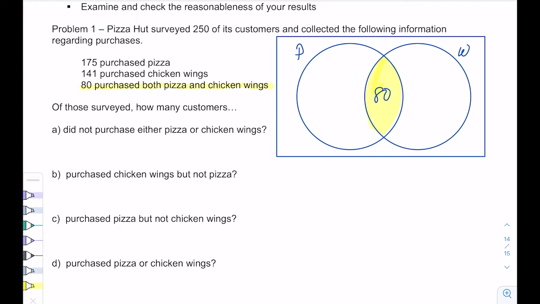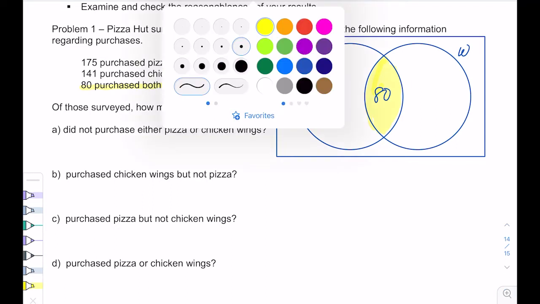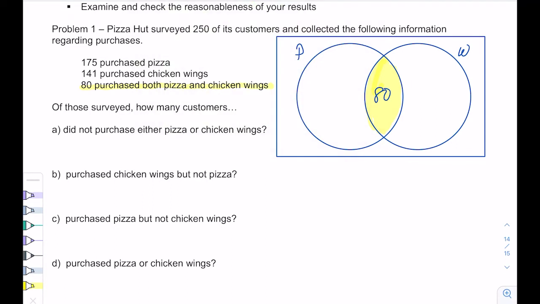Okay, so one of the other important things here is that they surveyed 250 customers. And that's really important because when we look at our circles, we need to be careful of the totals that we're getting. So when I look here, it says 175 people purchased pizza. So I know that my pizza circle is this one.